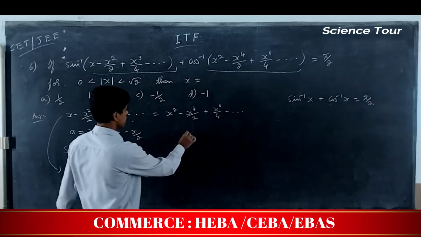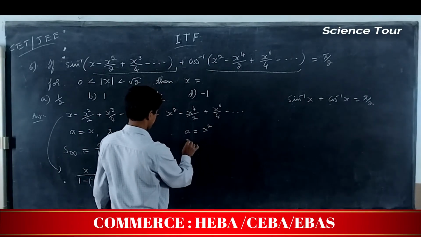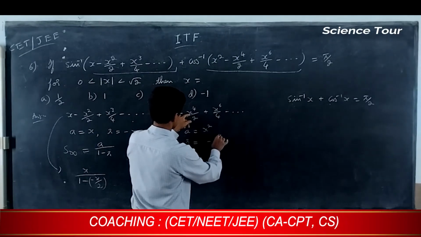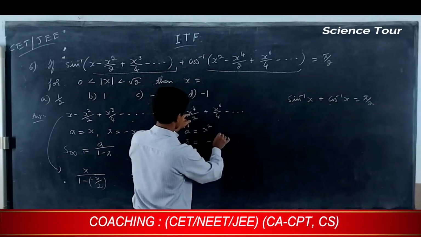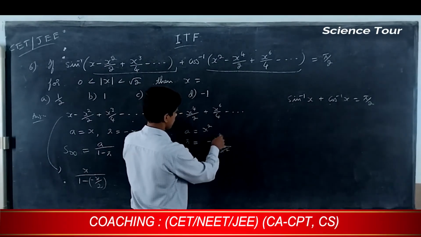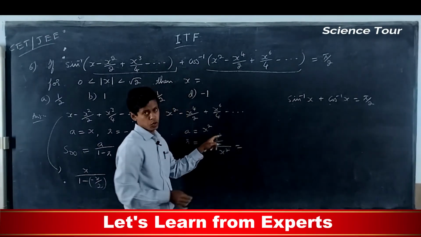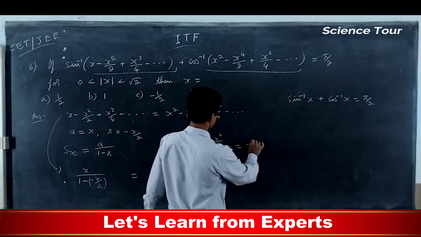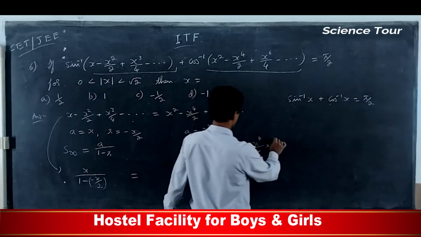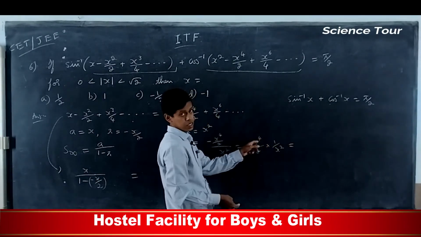Now what is A here? A is x square, and the common ratio R is minus x to the power 4 divided by 2 divided by x square. That is minus x to the power 4 by 2 times 1 by x square, so x square cancels and only x square remains.